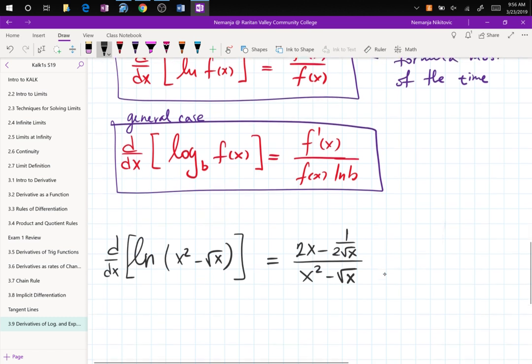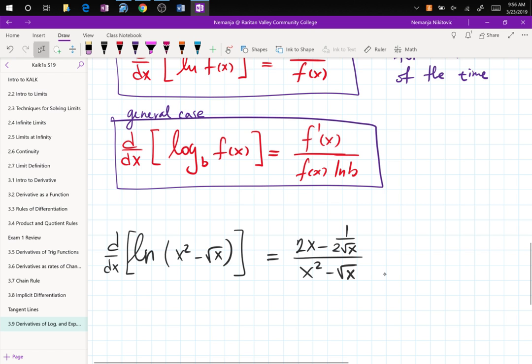All right. We are not happy with the double fraction, right? So we are going to multiply top and bottom by 2 root x to get rid of the denominator, and that will help us.